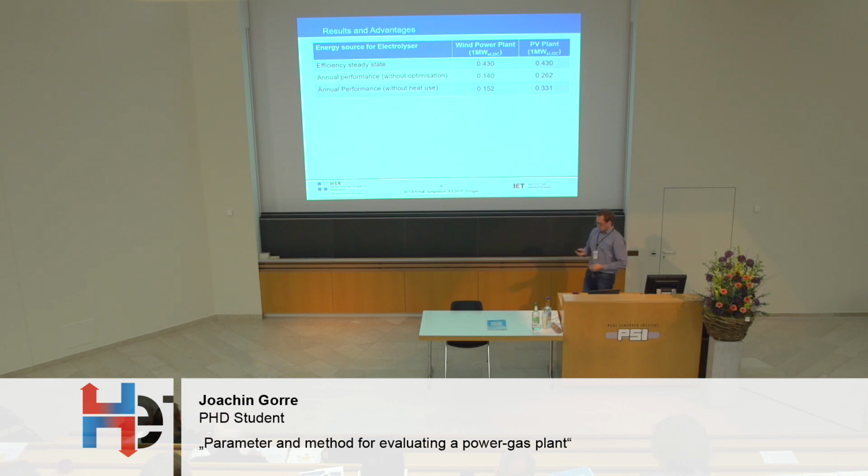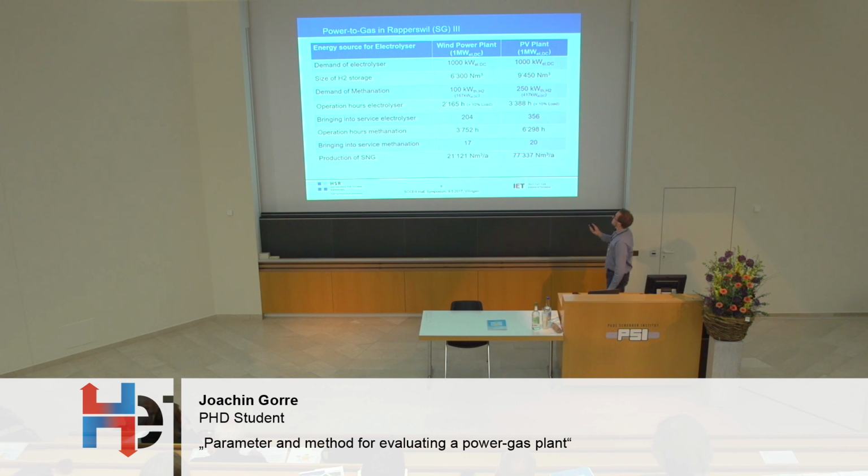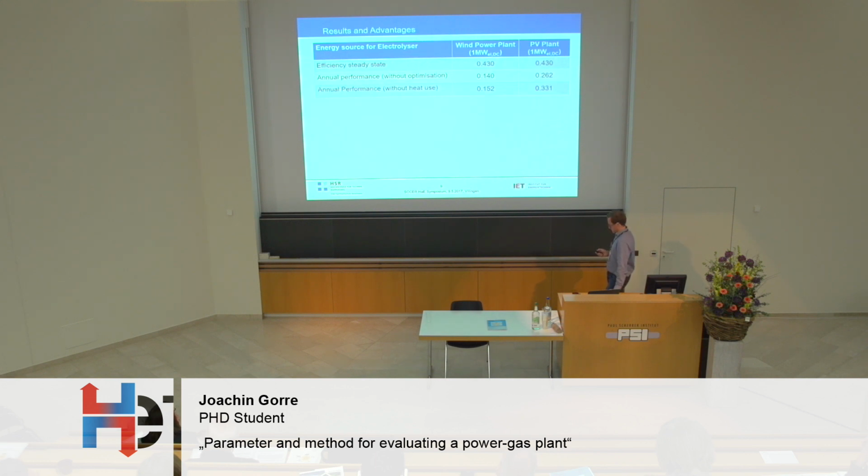And if you adapt the system and optimize it, so the size of the methanation, for example, you see here it's 250 kilowatts thermal hydrogen, and the electrolyzer has 1,000 kilowatts. So you have a much smaller methanation unit than the electrolyzer. With this optimization, your annual performance rises to 33%.